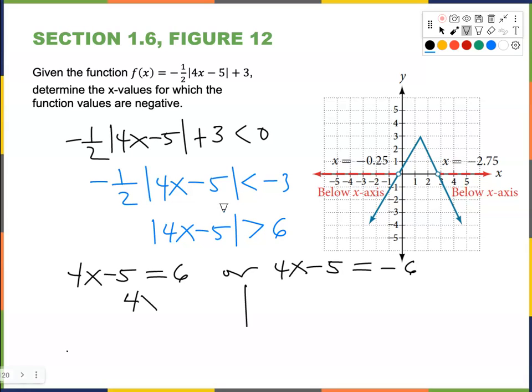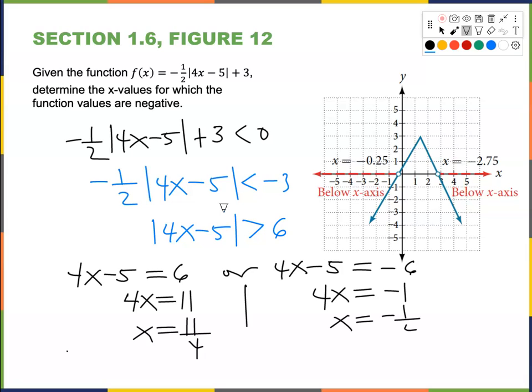So this is 4x is equal to 11. So that x is equal to 11/4. The other one, if we add 5 both sides, 4x is equal to negative 1. And if we divide 4 both sides, x is equal to negative 1/4.